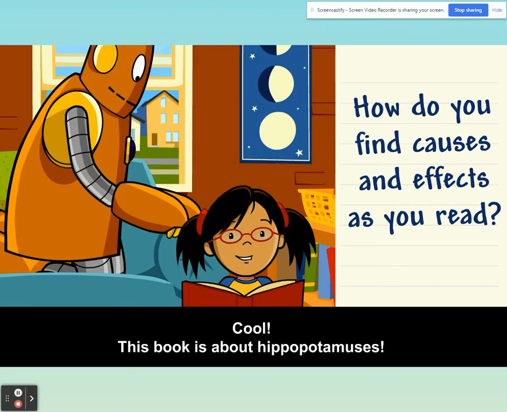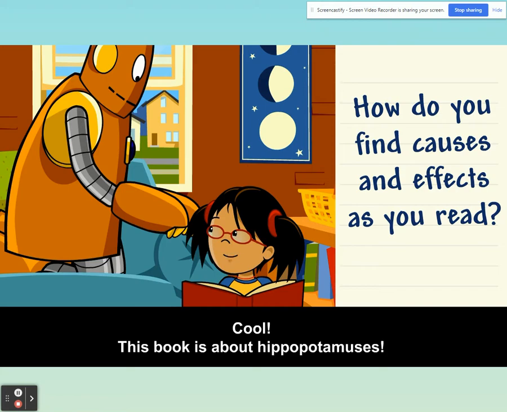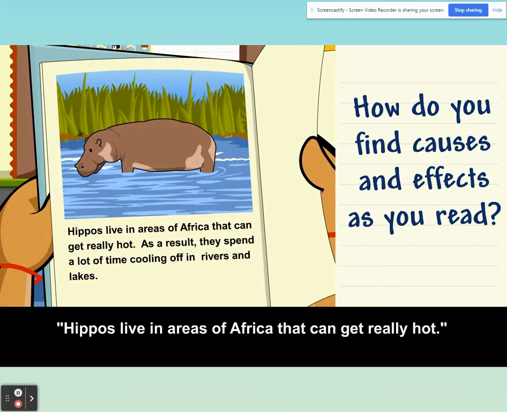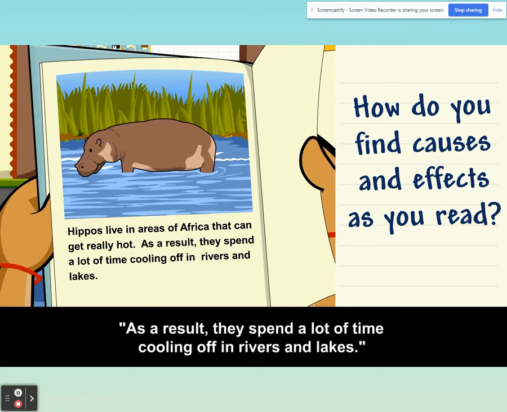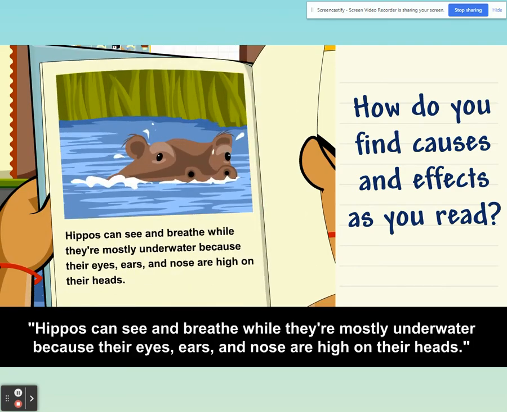Cool! This book is about hippopotamuses. Hippos live in areas of Africa that can get really hot. As a result, they spend a lot of time cooling off in rivers and lakes. Hippos can see and breathe while they're mostly underwater because their eyes, ears, and nose are high on their heads.